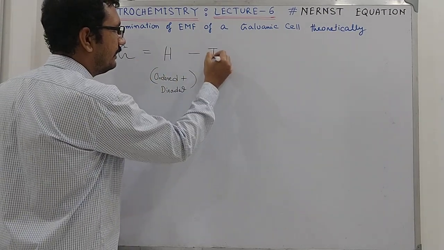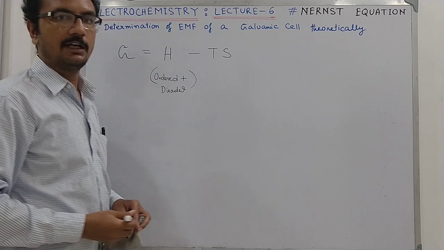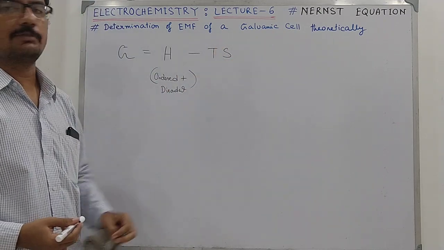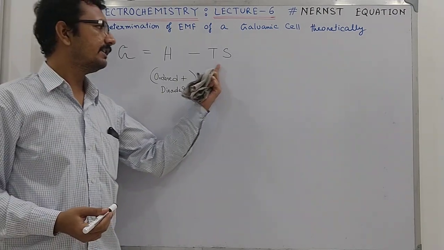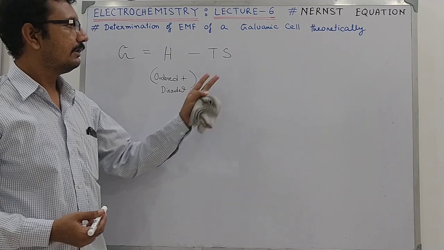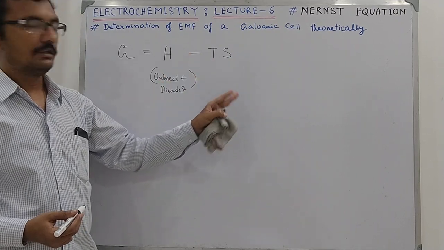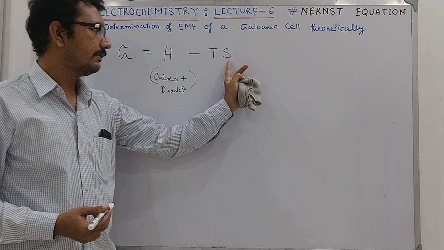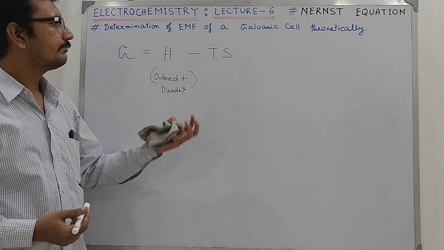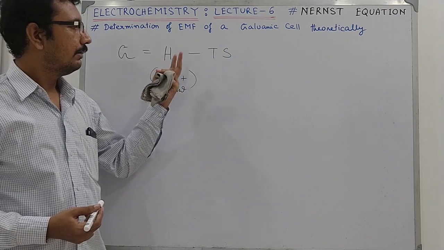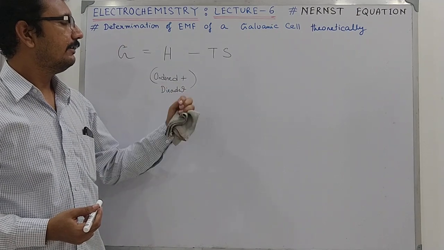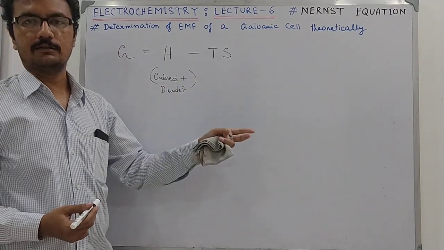Now G is defined as G equals H minus TS. So what is that? Now S is a measure of randomness, and when it is multiplied by the temperature, what happens? It gets converted to energy. Now what energy is it referring to? Since it is a measure of randomness, and upon multiplying it by temperature it will give you energy, then it must be disordered energy.